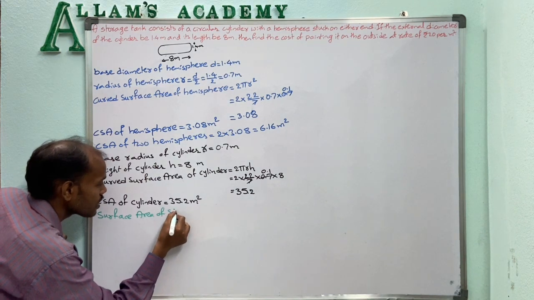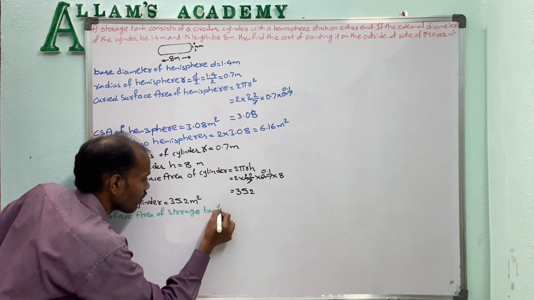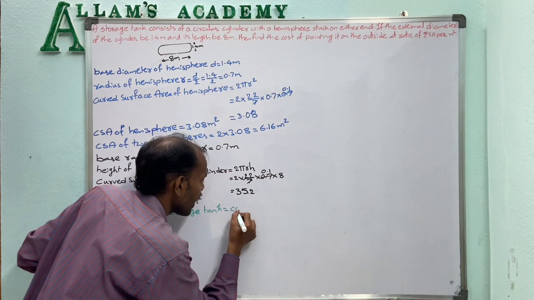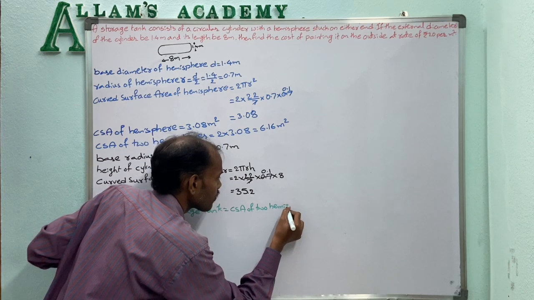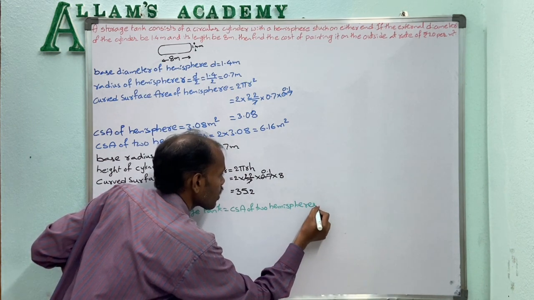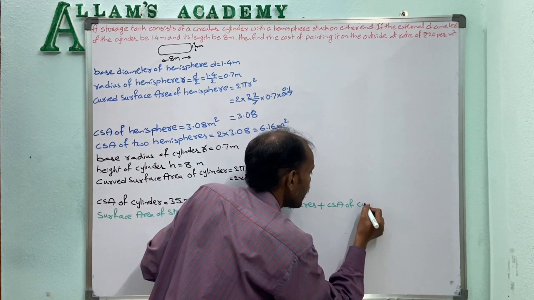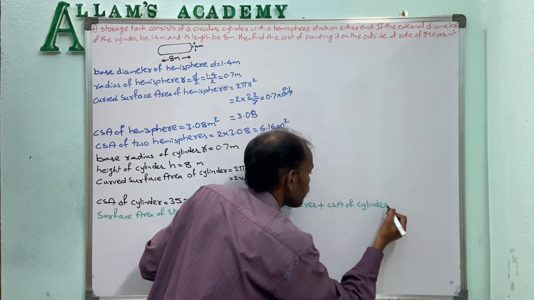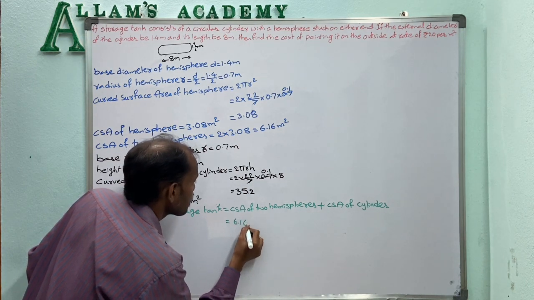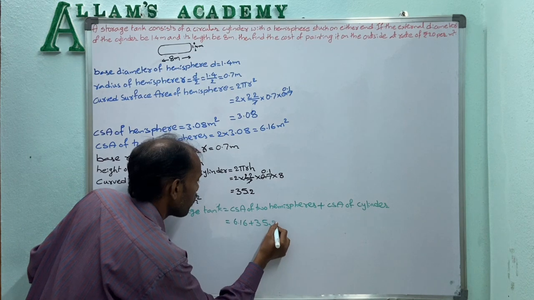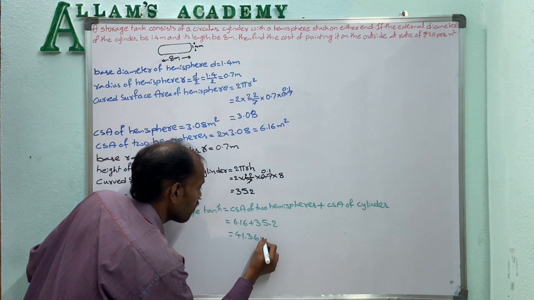Now finding the surface area of this storage tank. The surface area of the storage tank equals the curved surface area of two hemispheres plus the curved surface area of the cylinder, that equals 6.16 plus 35.2, that equals 41.36 meter square.